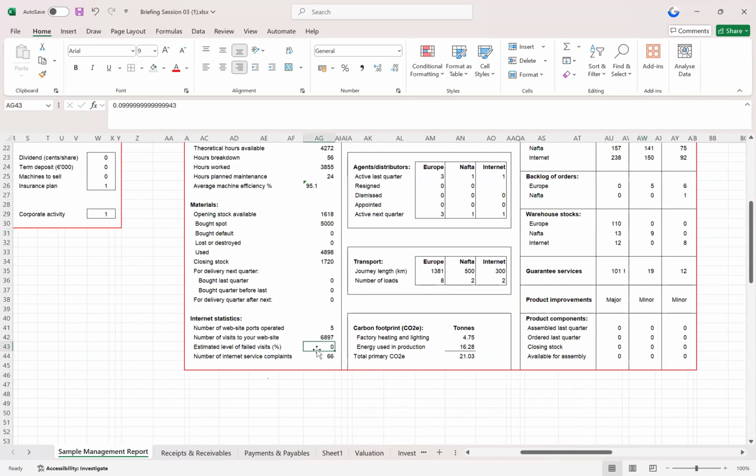If you see, firstly, the number of failed visits is not zero, it is 0.09993. So if this is the successful visits, then what are the total visits? That would be this divided by this.